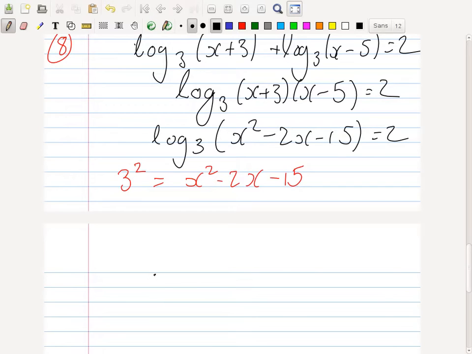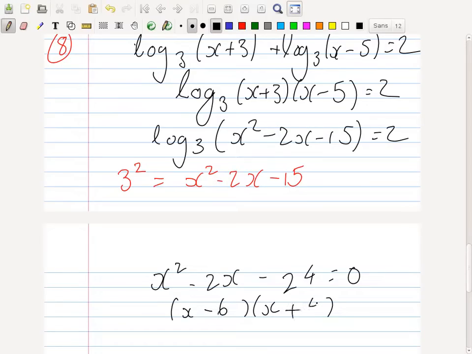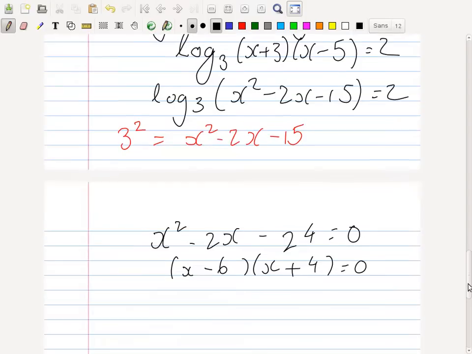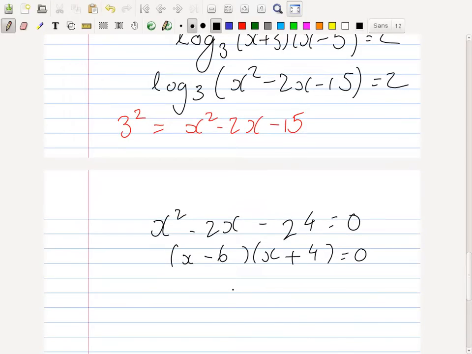So I get now x squared minus 2x minus 24 equals 0. It'd have to be something like 4 and 6, wouldn't it? So I get (x minus 6)(x plus 4). So x equals 6 or minus 4.